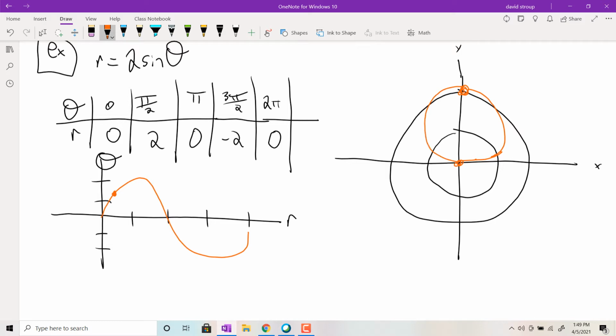And then it'll repeat itself. So from 0 to pi/2, we got this part being traced out. And then from pi/2 to pi, it traced out this part.